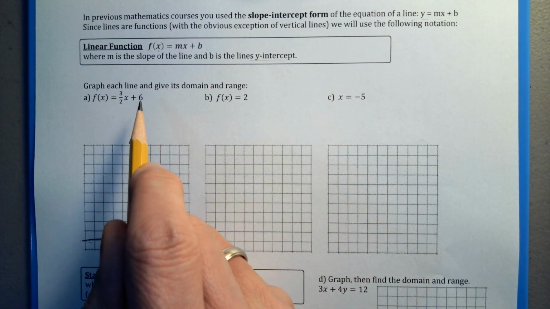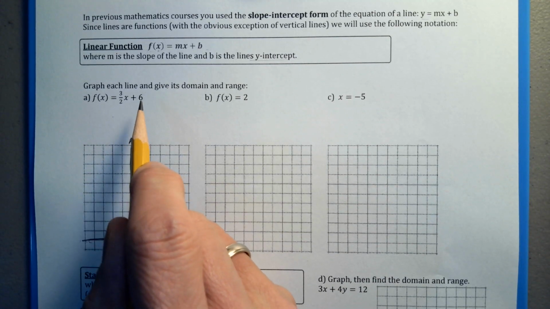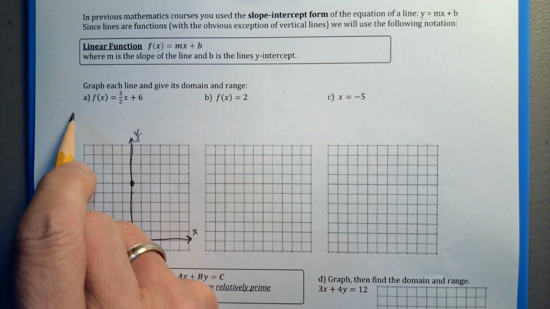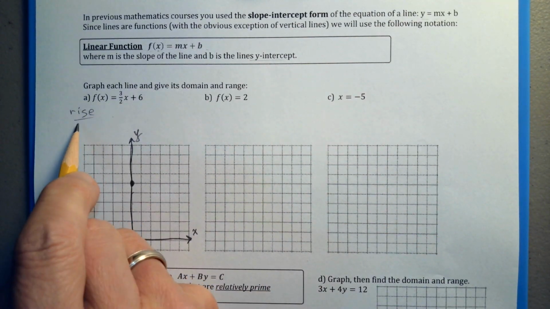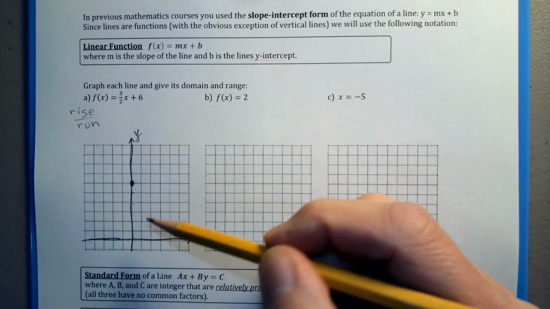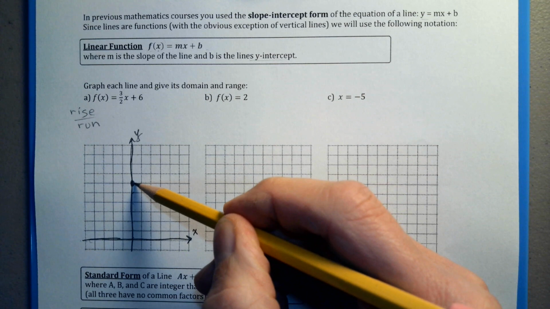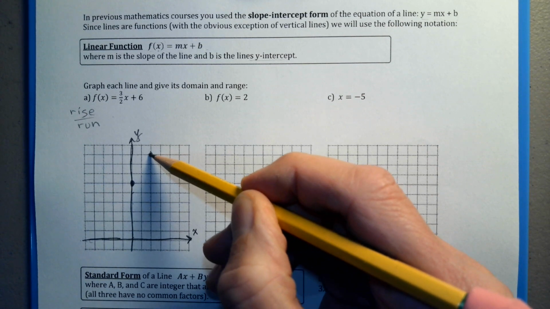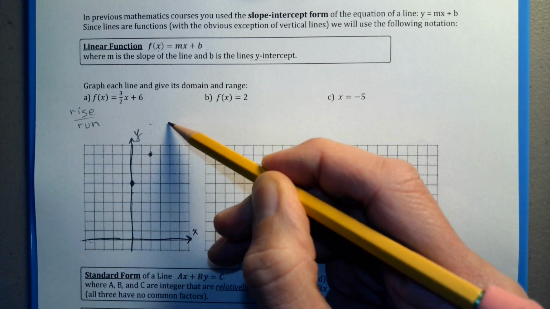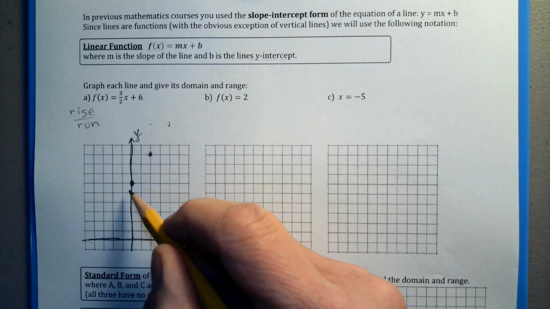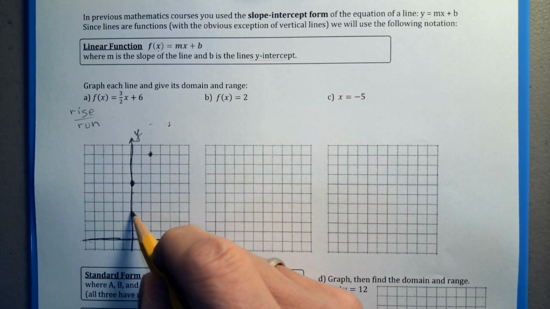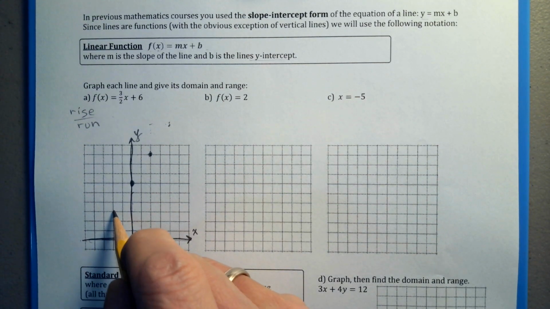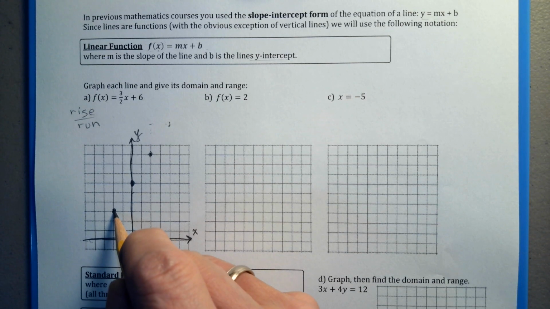Generally for graphing lines, we start with the y-intercept and then we use the slope to find other points. Remember that the slope is rise over run. It's positive, so we're going to rise up 3, 1, 2, 3, and go over 2. So we would have this point here, and then it keeps going. We could also go down 3, which is negative, and then to the left, which is also negative, and that would give us a positive 3/2 slope.